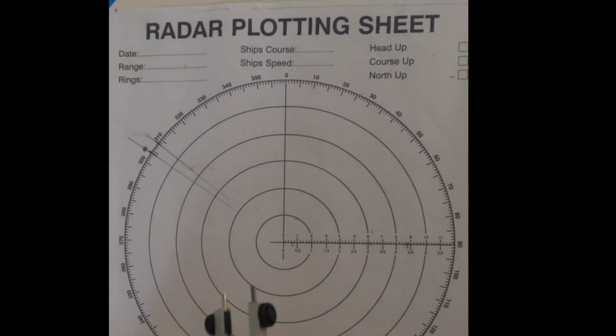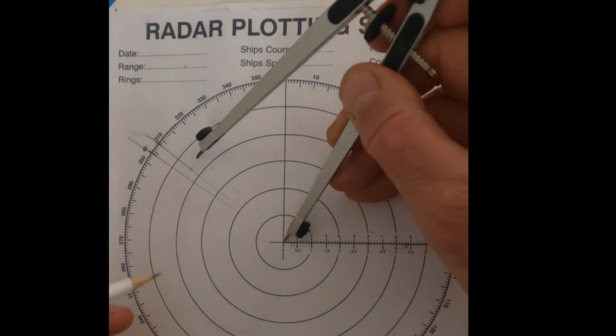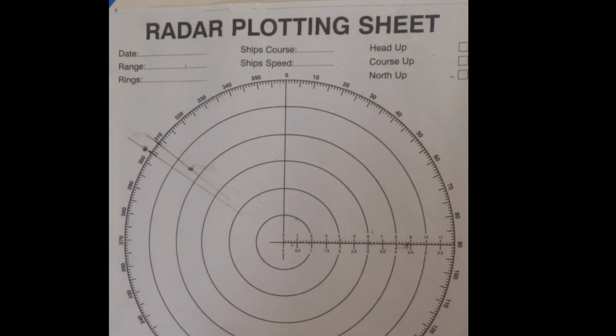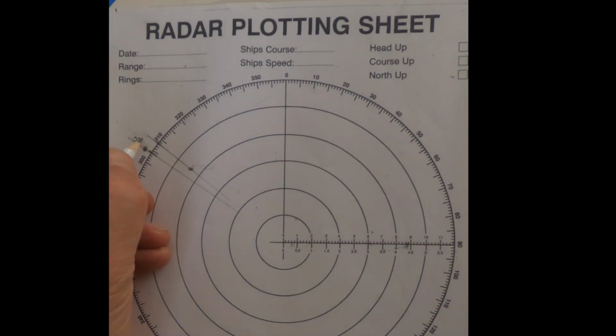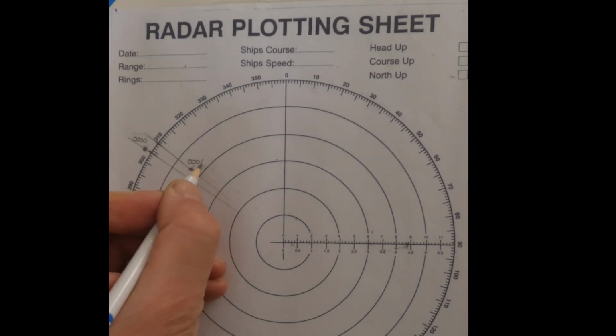So we mark 4.37 on here: 1, 2, 3, 4, and 0.37 there, and we'll mark that off from the middle on the line. So our second position is going to be here. This one is 0000, and 6 minutes later, 0006.